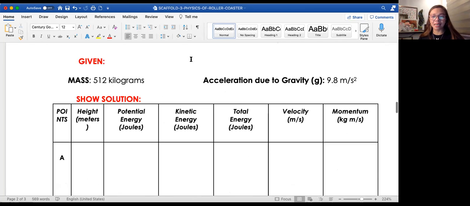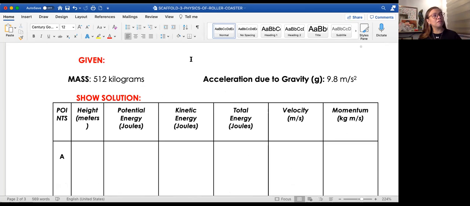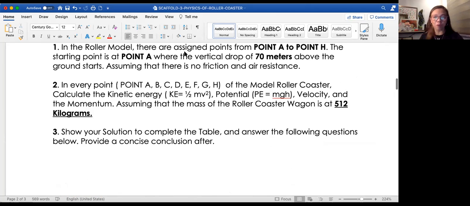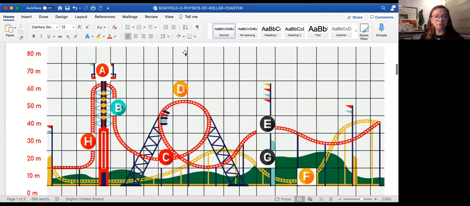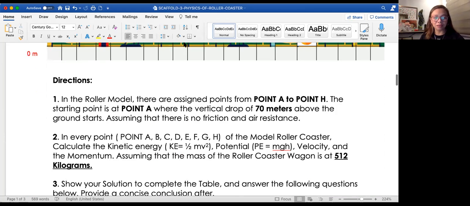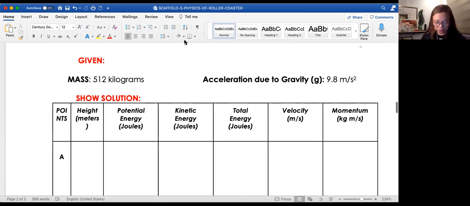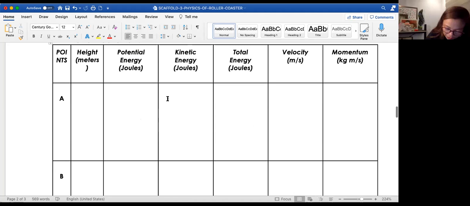Now, let's calculate. For point A, we have height in meters. What is the height of point A? Take a look here, that is 70 meters, so we fill in that part. Now, what's the potential energy?